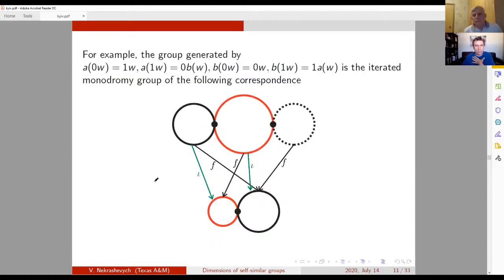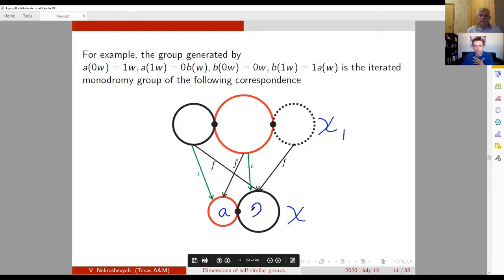So here's an example. The second of the two examples of self-similar groups has the following model. So here is space X, this is space X_1, and A corresponds to this loop. So it's a bouquet of two loops. A is this loop, B is this loop, green is iota, black is covering map.